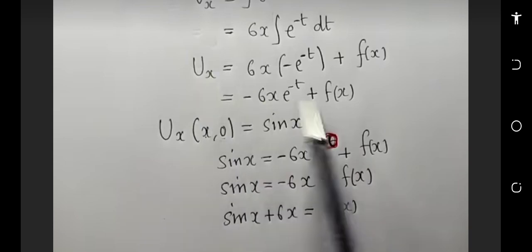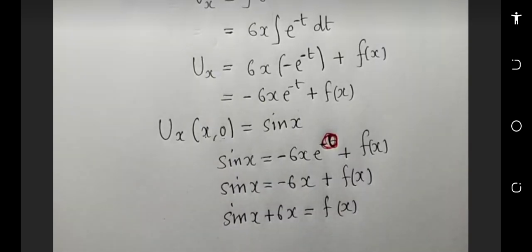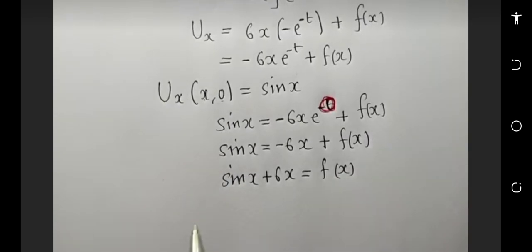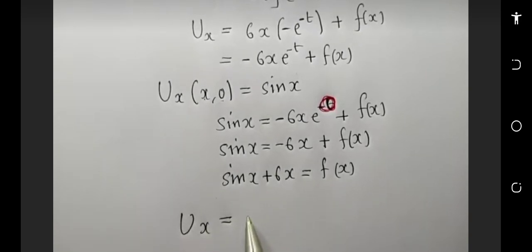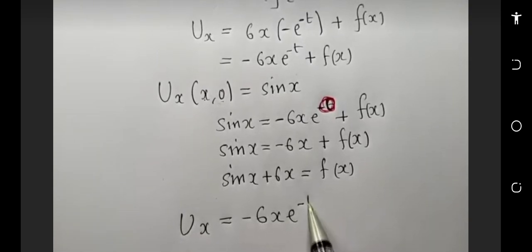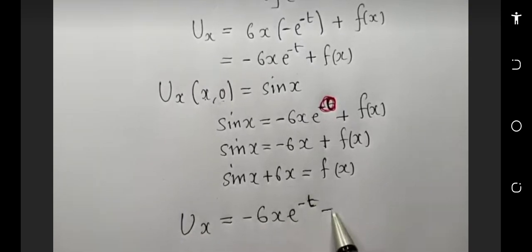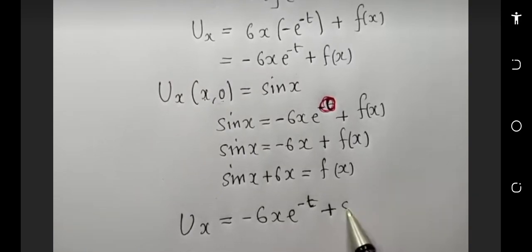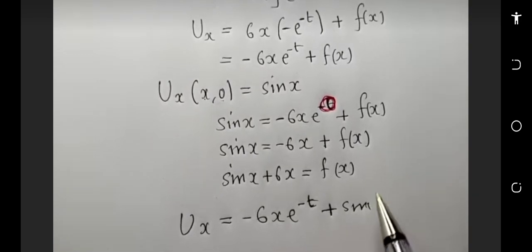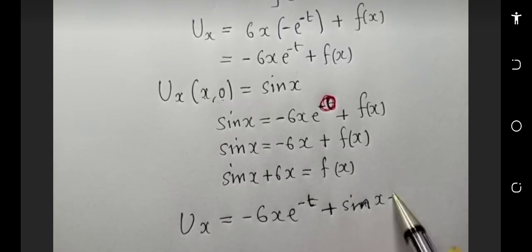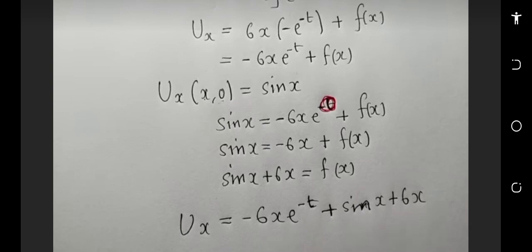u subscript x. So it will be here. So we're going to say u subscript x is equal to negative 6x e power negative t plus sine x plus 6x.